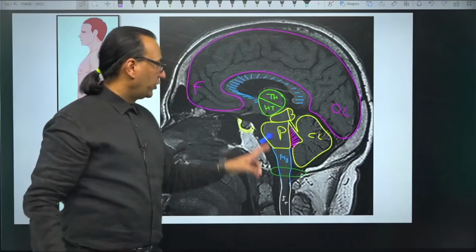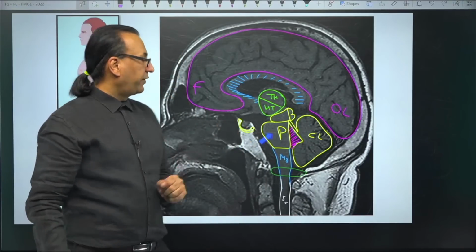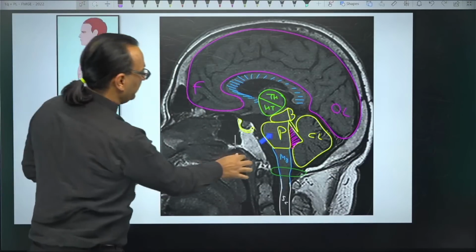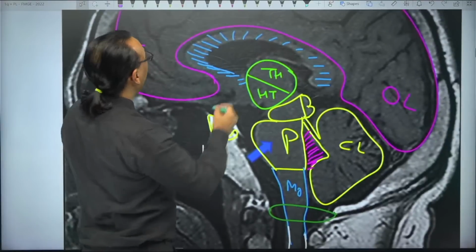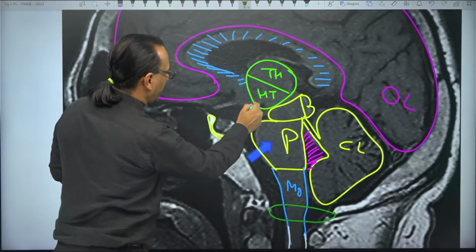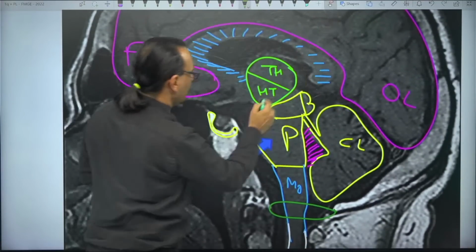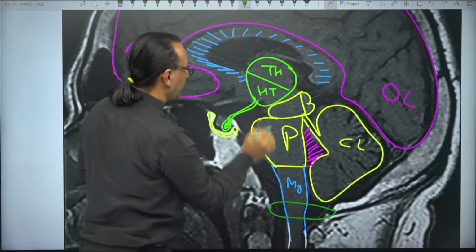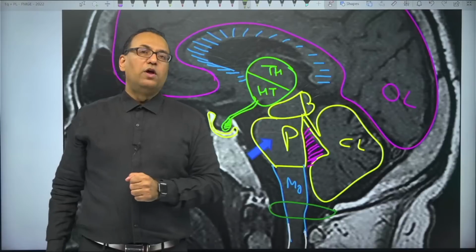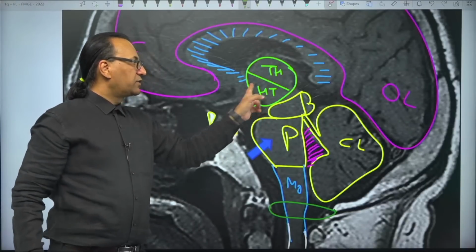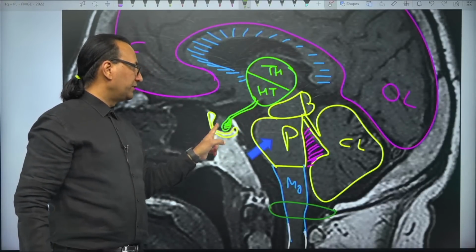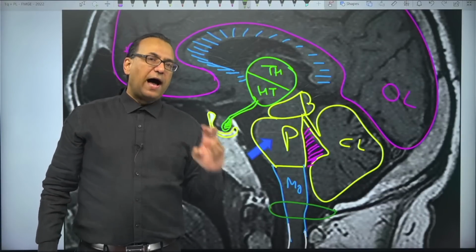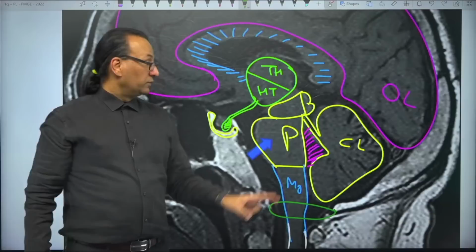and it is to keep the pituitary gland. The pituitary gland, let me zoom this a little bit, will have a posterior part, and that posterior part is called the neurohypophysis, a downward extension of the hypothalamus. The hypothalamus will give a downward extension which is called the posterior pituitary, neurohypophysis.